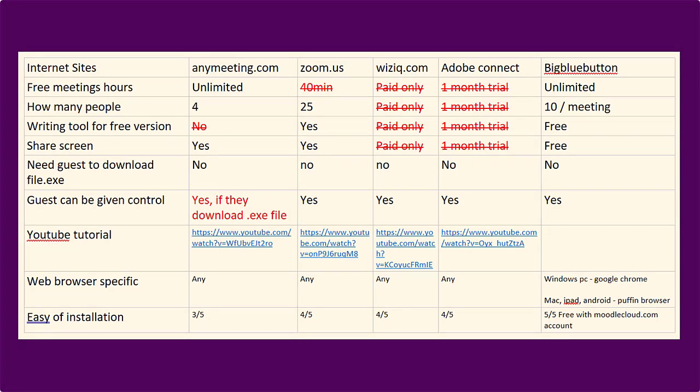As you can see from this graph below, I am a big fan of the BigBlueButton because of these factors. You get unlimited meeting hours. You can have 10 people per meeting.